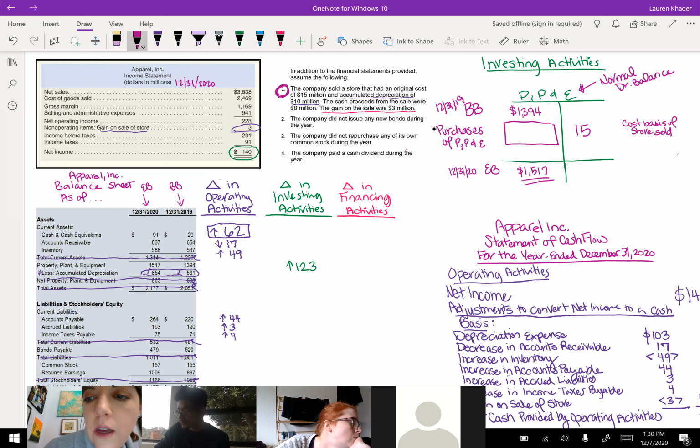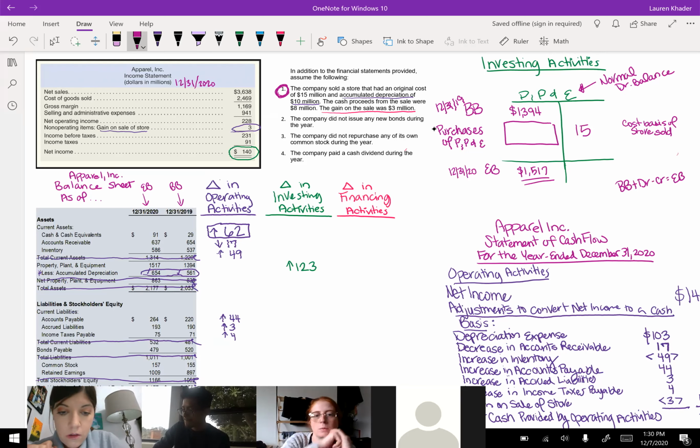So you can use that formula, beginning balance plus the debits minus the credits equals the ending balance, if you want to. Or you can take the T account and use it this way, 1394 minus 15, which is the credit.